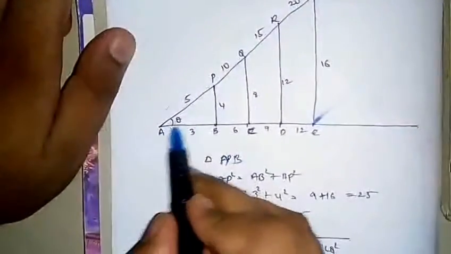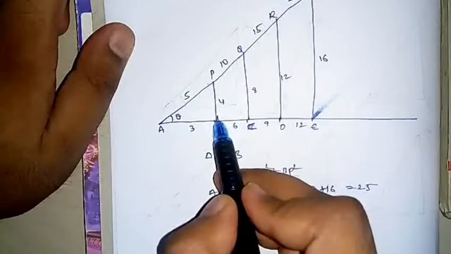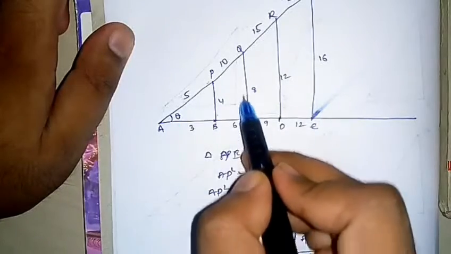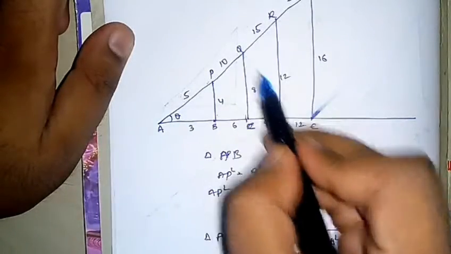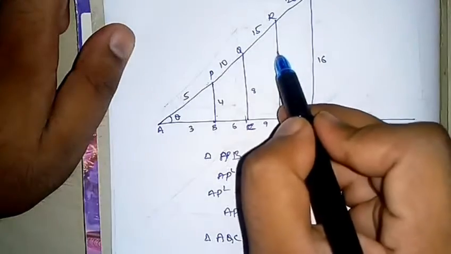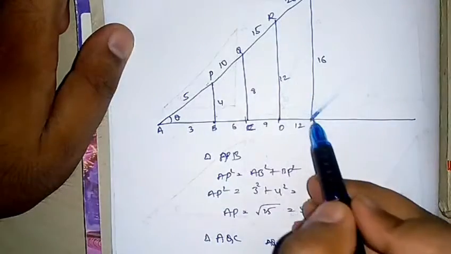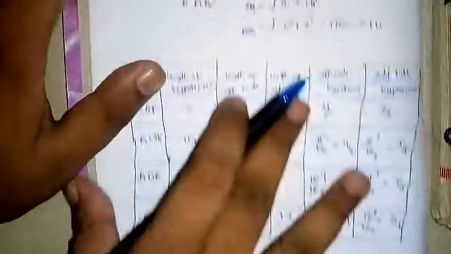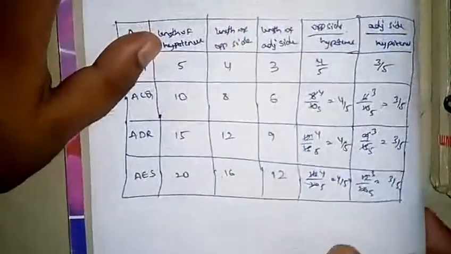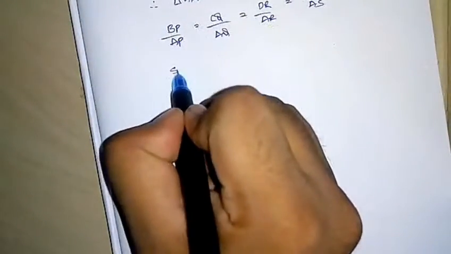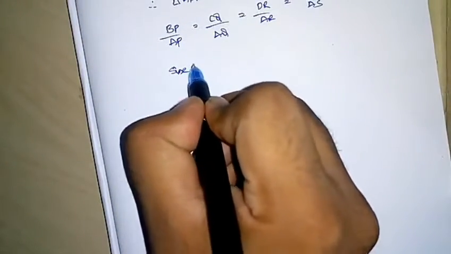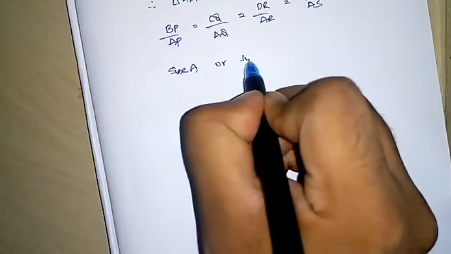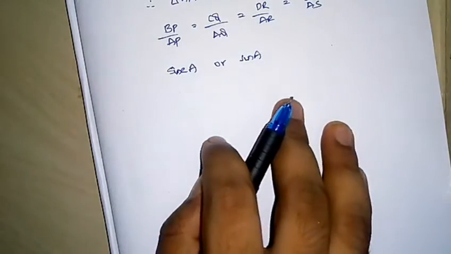So if you observe, BP by AP is equal to CQ by AQ is equal to DR by AR is equal to ES by AS. We already proved this in this table. So this ratio is defined as sine of angle A, or simply sin A.